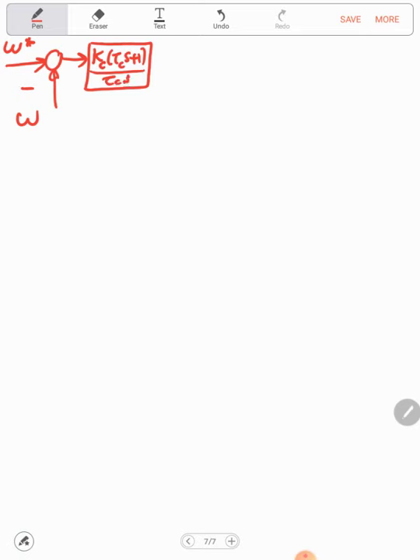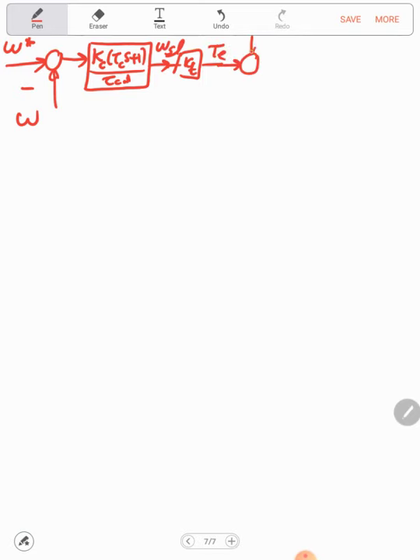So let's recall the block diagram. This will be the reference speed, a comparator, minus omega. This is the error signal that will go through the PI speed control, which we write using a gain and time constant. And here is omega slip. If we multiply it by Kt, we get the torque Te.